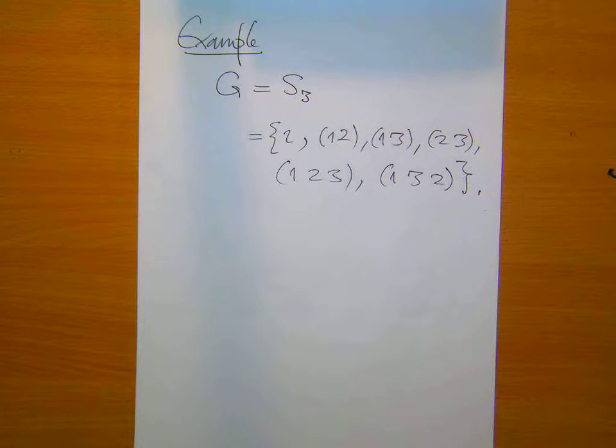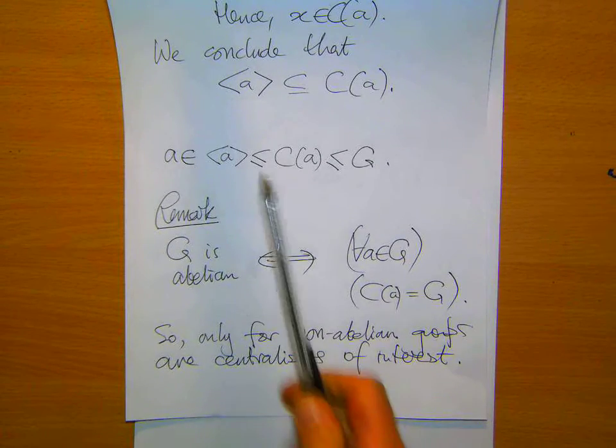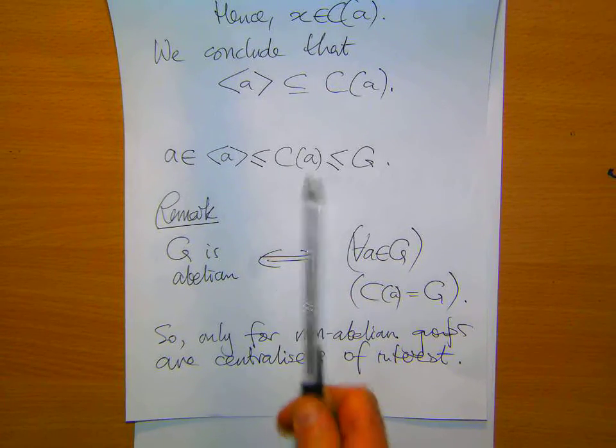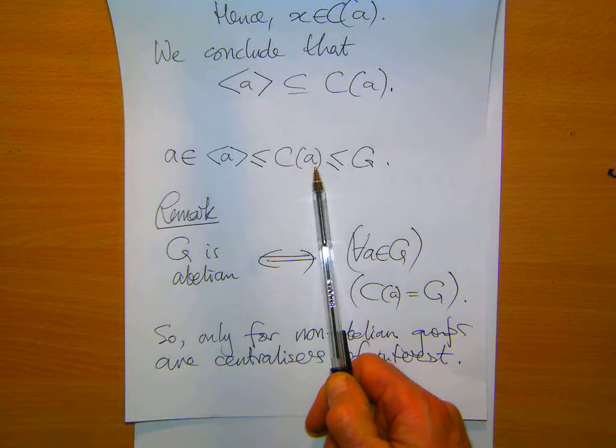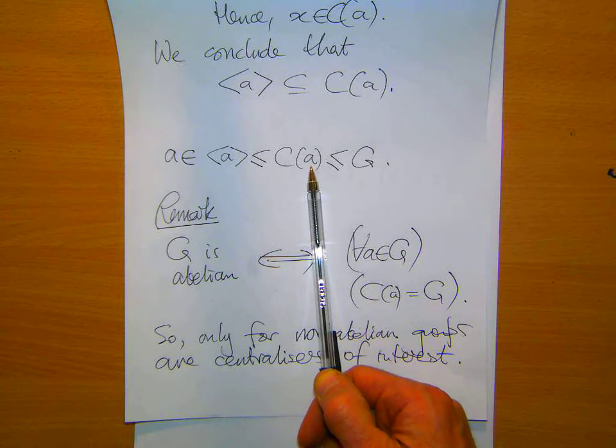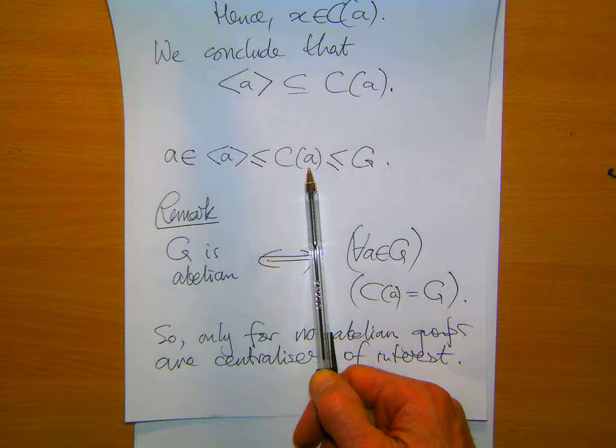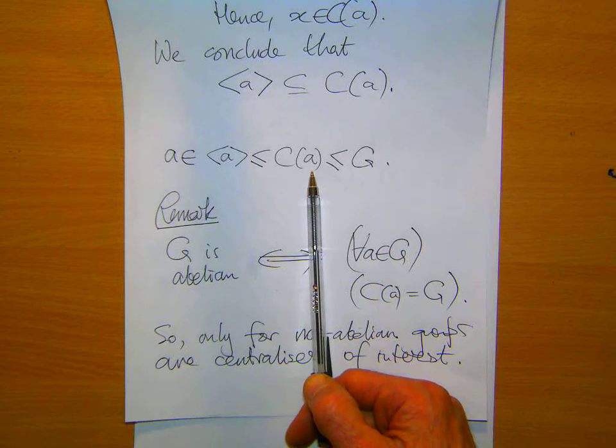Perhaps I should have made another remark when I was making my general remarks on the previous page. If I take the element A to be the identity element, which I could do, it's a perfectly good element in the group, then the centralizer of the identity is what? That's the set of elements that commute with the identity. What's that?